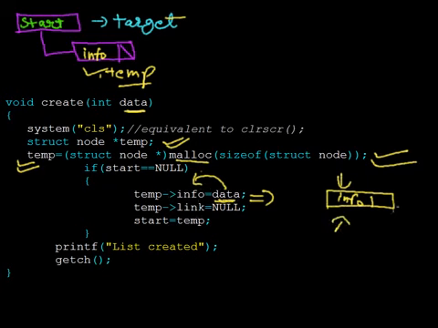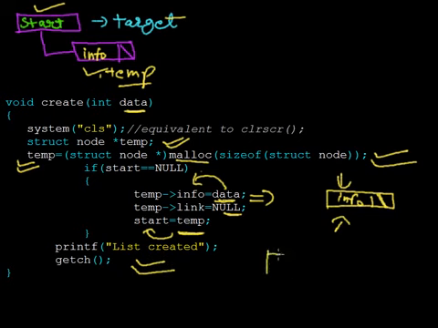The link will be overwritten by a value null, as this is the first and also the last node of the linked list, and we will copy the address of temp into the special pointer start, and we will print this message list created, and our function will exit.